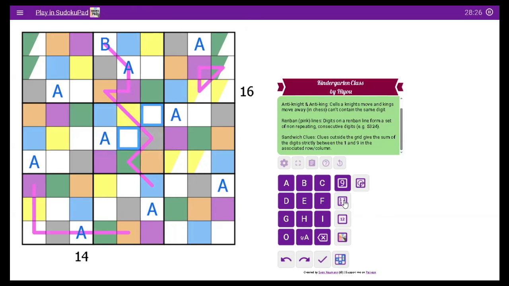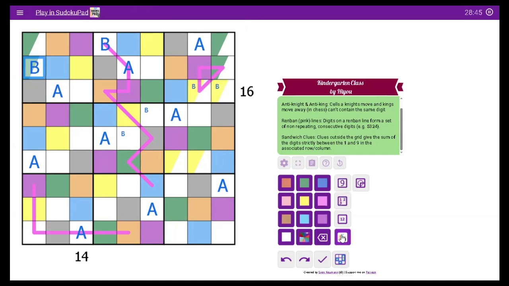So B is in one of two positions. And by Sudoku, B is here. Wow. Puts B in one of two positions.